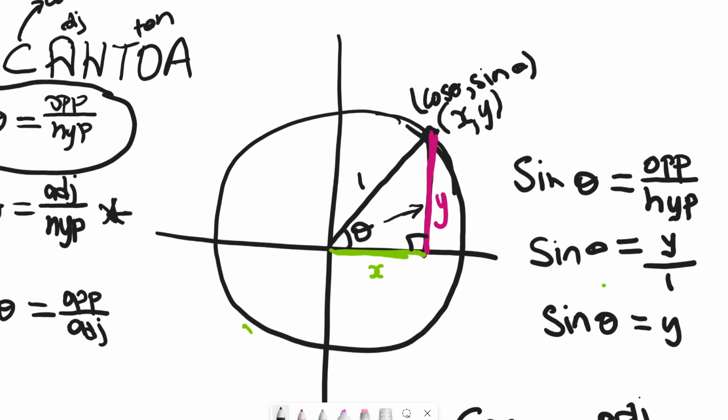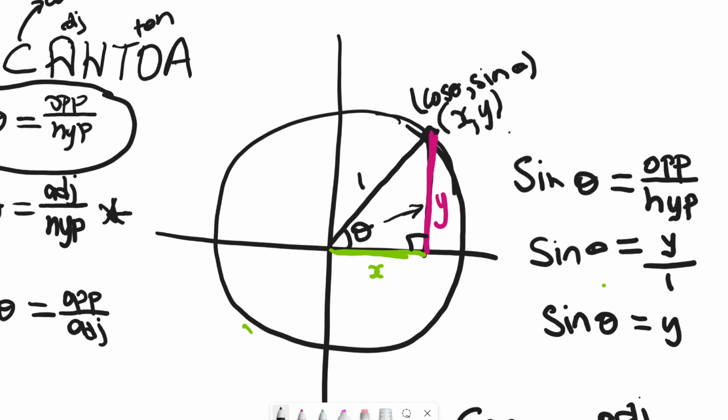Now, the important part here is to see when it comes to trigonometry and the unit circle, how do they connect? Well, our x coordinate is going to correspond to cosine of theta in our triangle that's inscribed in the unit circle. And y is going to be sine of theta.